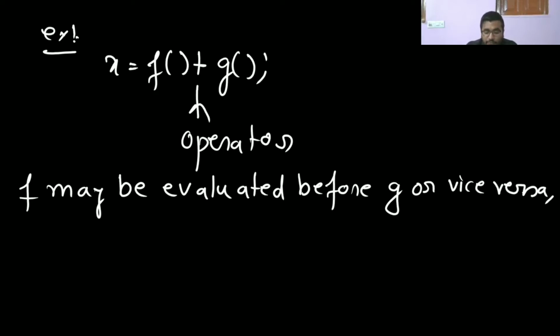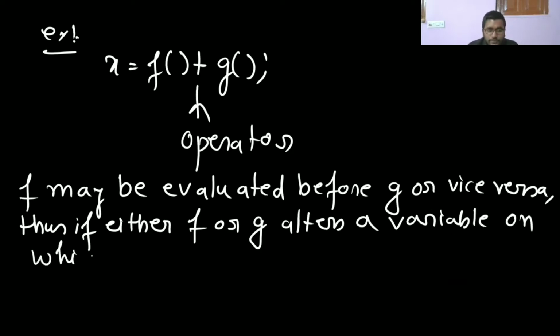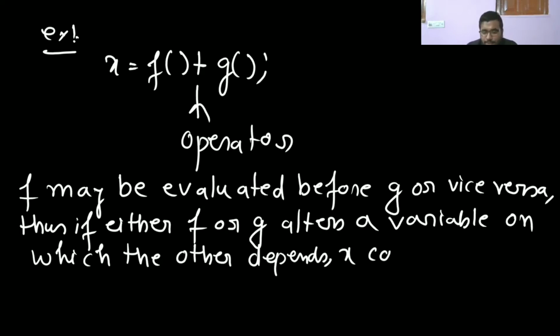Thus, if either F or G alters a variable on which the other depends, X can depend on the order of execution.